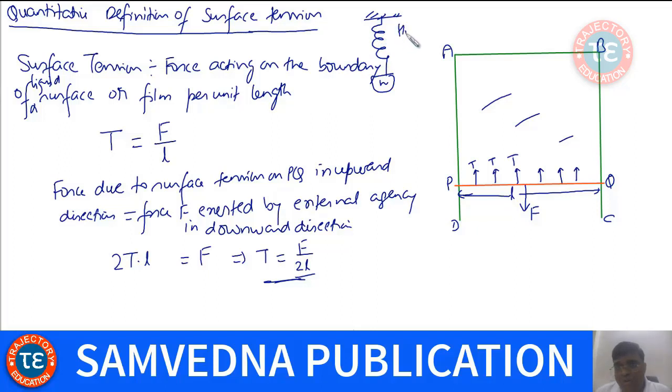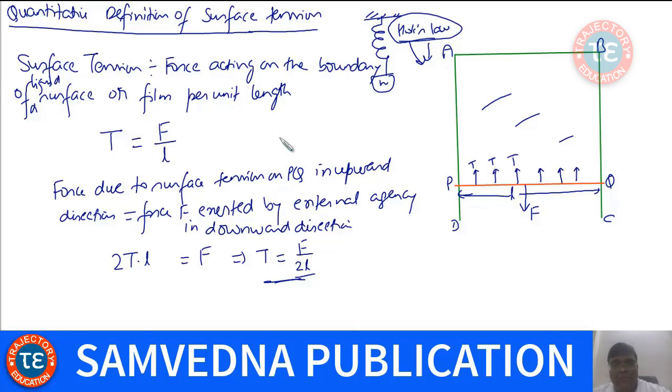So it followed Hooke's law, that stress developed is proportional to strain, but Hooke's law is not followed in case of surface tension. Surface tension does not depend on how much the surface is stretched. That's the major difference between the restoring force inside elastic materials and the surface tension of the film.